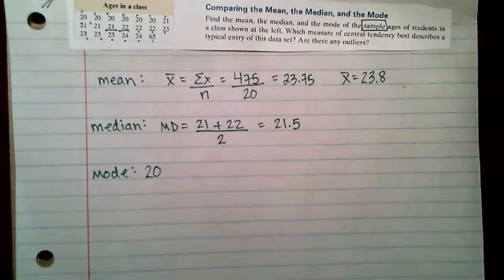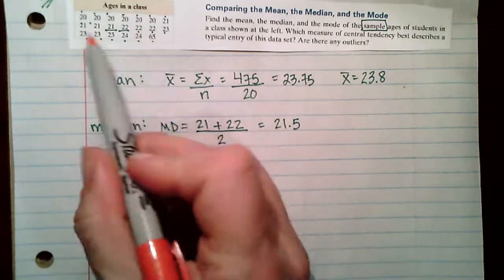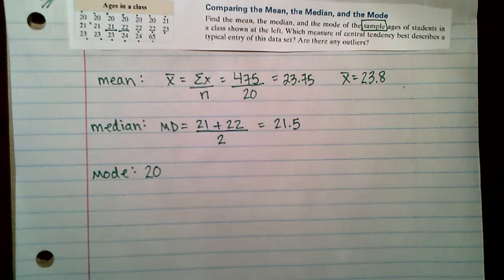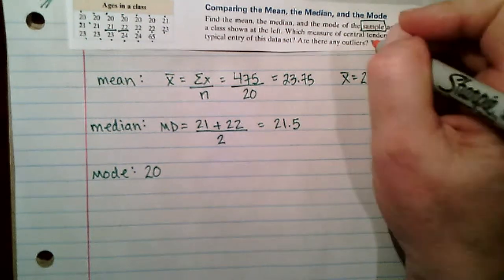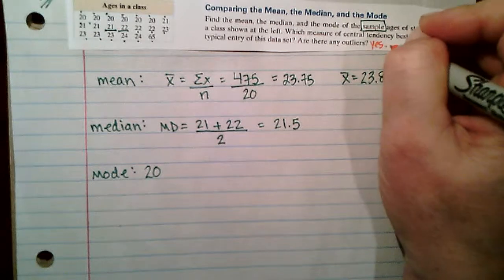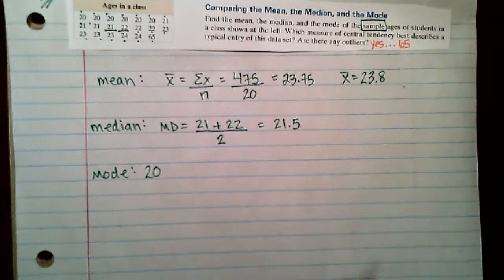Then we need to decide which one best describes a typical entry, and do we have any outliers? Looking at the data values here, almost everyone is under the age of 25 except for this 65-year-old person. So I would say that we possibly have an outlier, and it's the number 65.